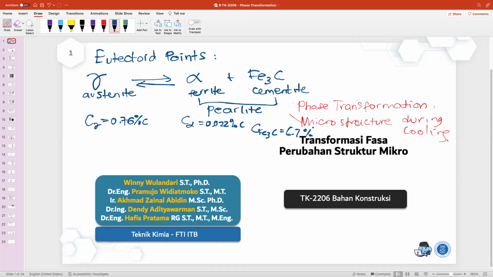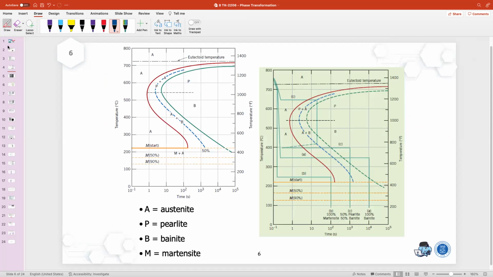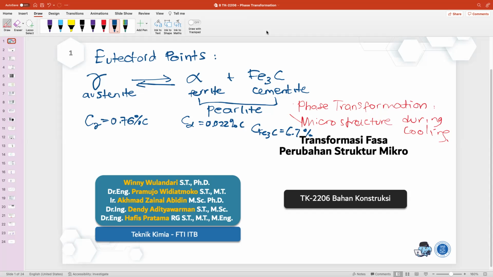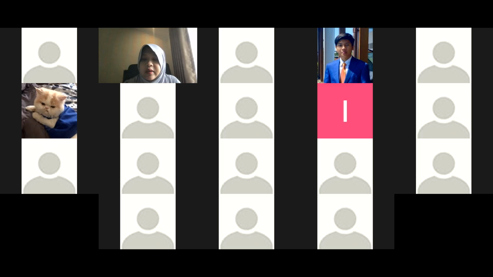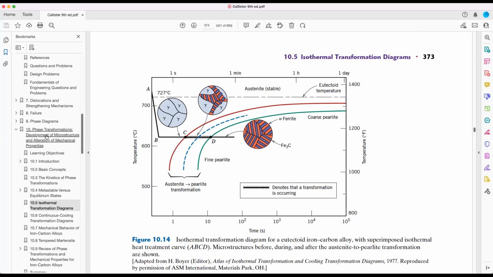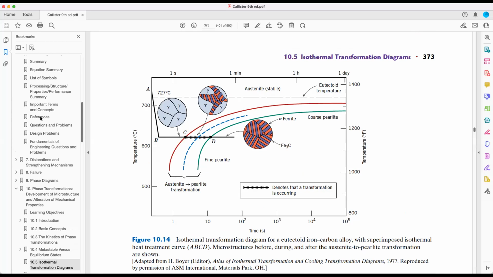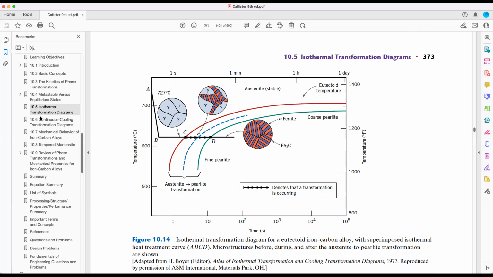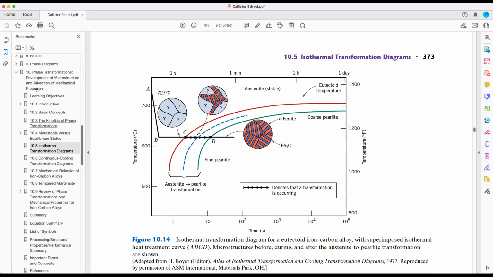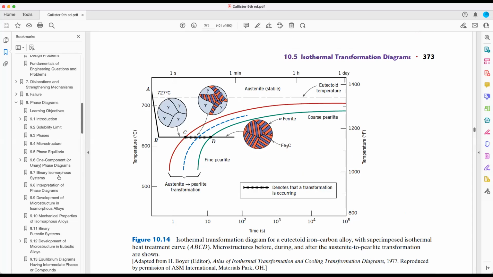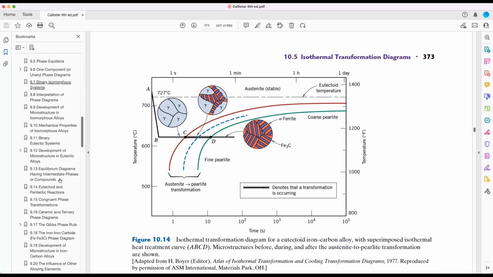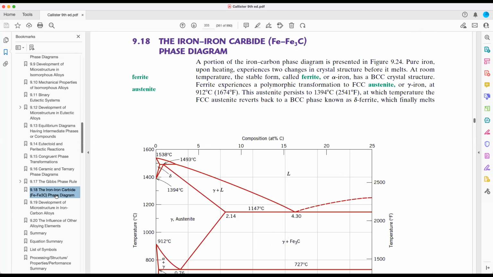Okay, so here it's actually from the phase diagram. Maybe let's look at the phase diagram here. Yes, this one.